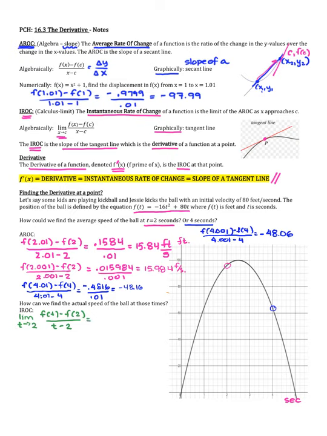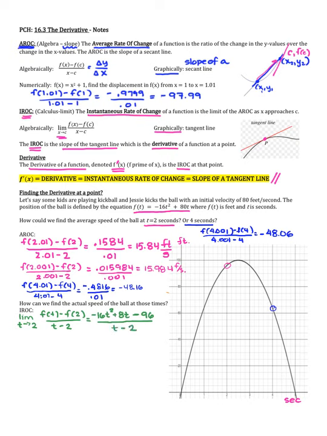Now obviously I can't just plug in 2 because I would be dividing by 0. So we're going to write out what is f of t. f of t is our equation, negative 16t squared plus 80t, minus f of 2. So plugging in 2 into the equation, f of 2 turns out to be 96, and I divide that by t minus 2.